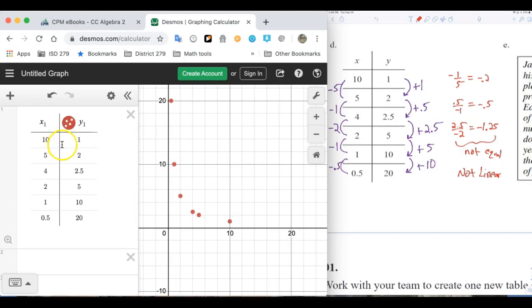And you can definitely see here that it is not going to be linear, not a straight line, not mx plus b. You can see the curve when we plot these points.